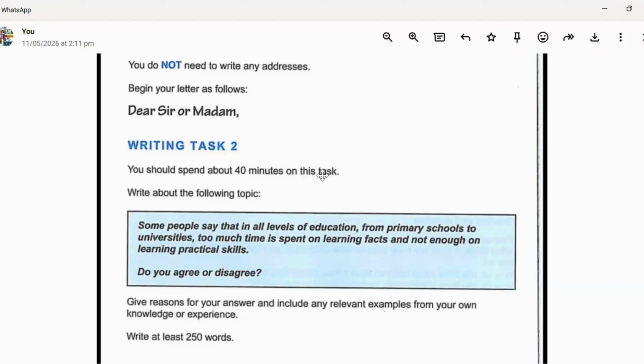The next one is the third body paragraph, which is paragraph 3. This is where you explain the third idea that you've jotted down.